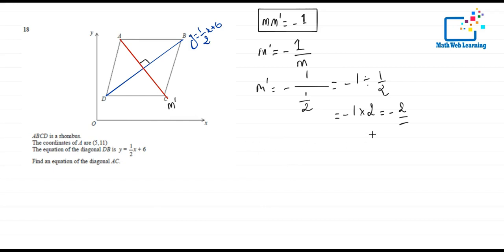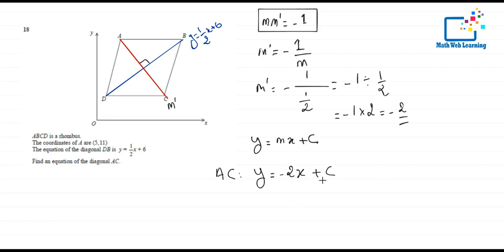So that is great. We've got the gradient. Now, we know any straight line always comes in the form y = mx + c, with m the gradient. So for that red line A to C, the equation will be y = -2x + c.